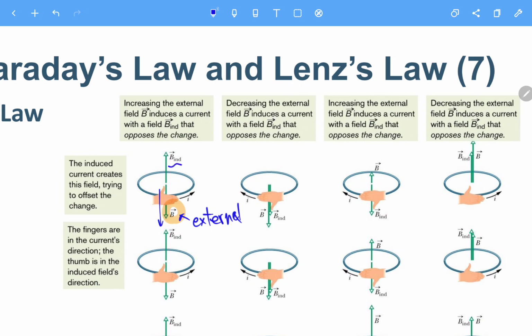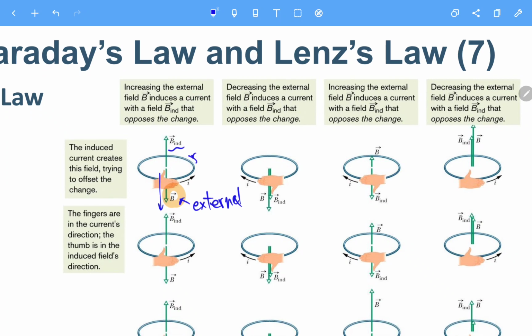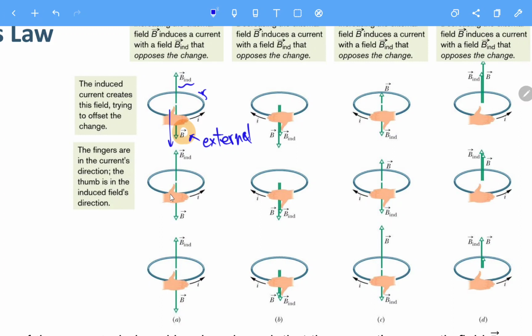So the B induced will be pointing upward, and using the right hand rule, your thumb pointing upward, your fingers will be counterclockwise. So if B is increasing, this is the induced current, and this is the induced B field generated by this induced current.